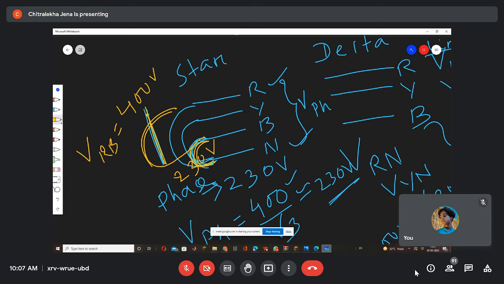Is your concept clear or not? Any line voltage between any two lines, R and Y, Y and B, or B and R, will be 400 volt. That is the line voltage.